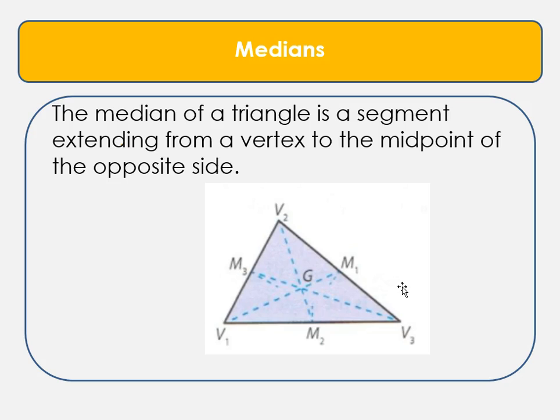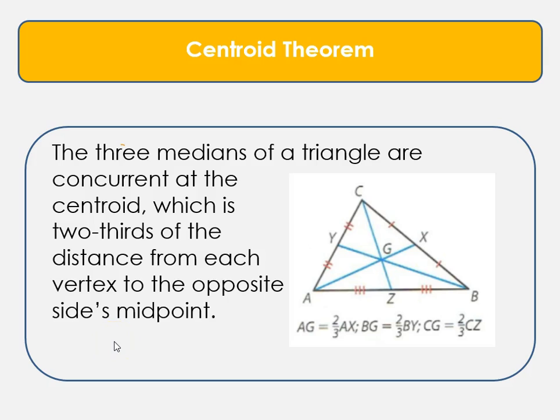Medians. The median of a triangle is a segment extending from the vertex to the midpoint of the opposite side. So when we were constructing these, we divided the side in half, we got our midpoint, and we drew a line to the next vertex. This brings us to the centroid.